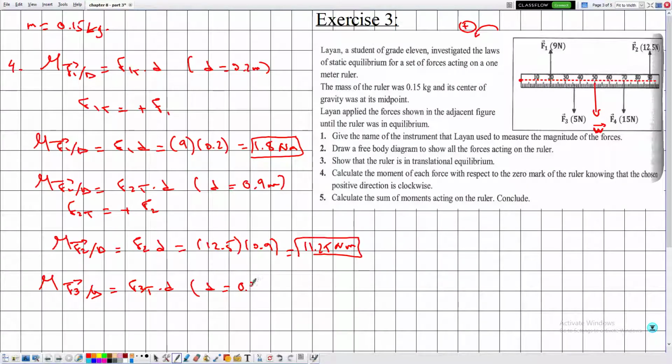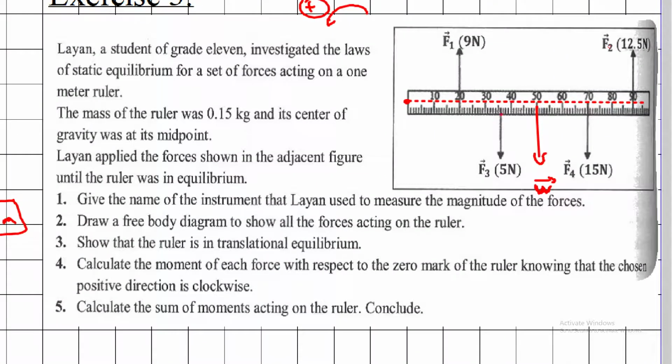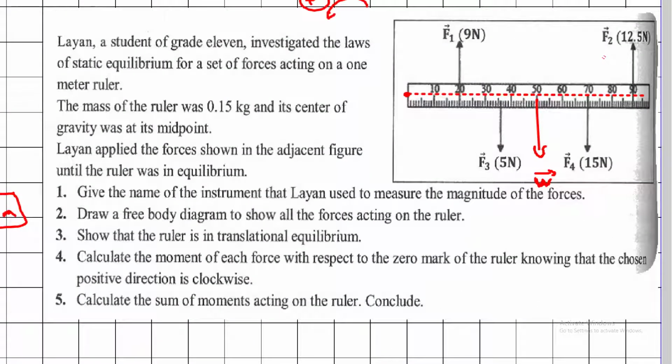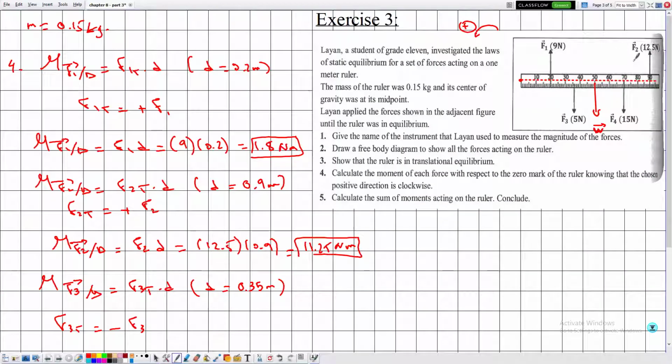So 0.35 meters. Now F3 tangential, for the same reasoning, it will rotate in the negative direction like this, minus F3. As for the tangential or the cosine, notice that it is completely tangent to the radial direction.